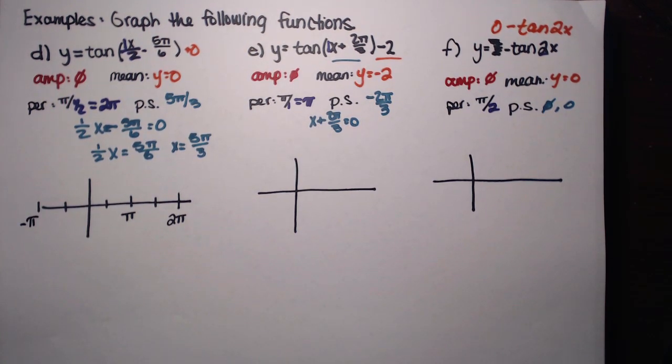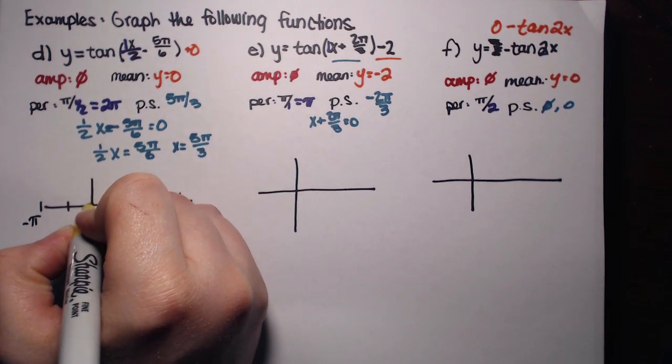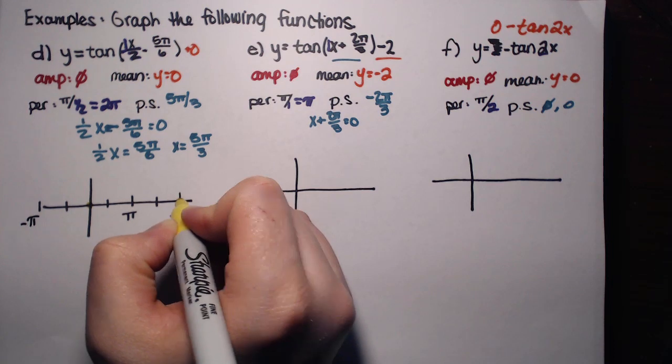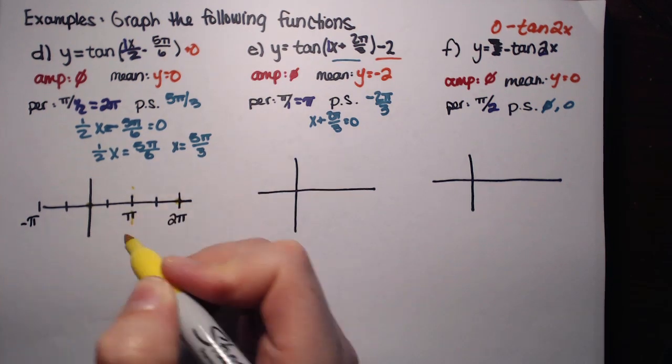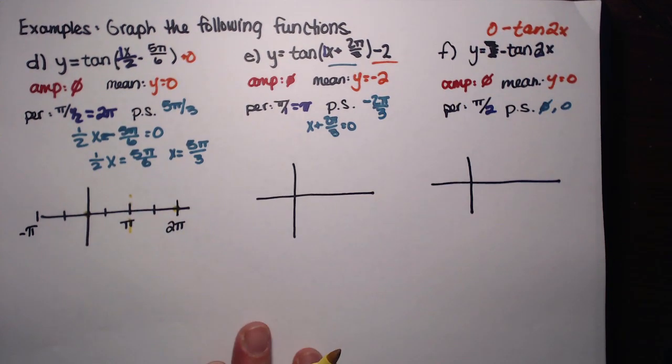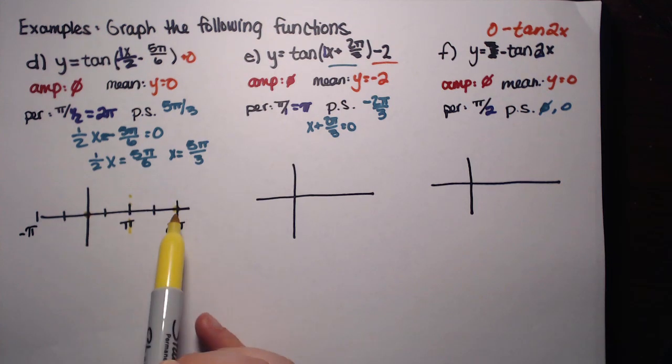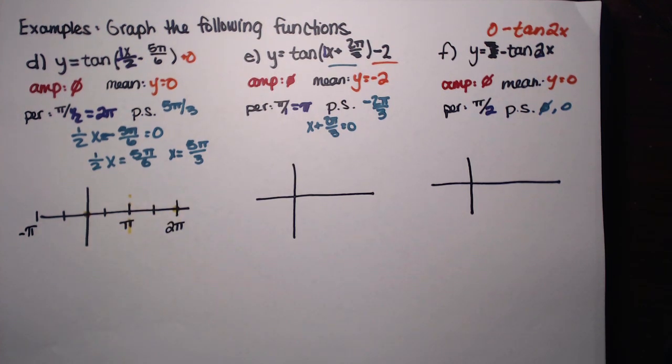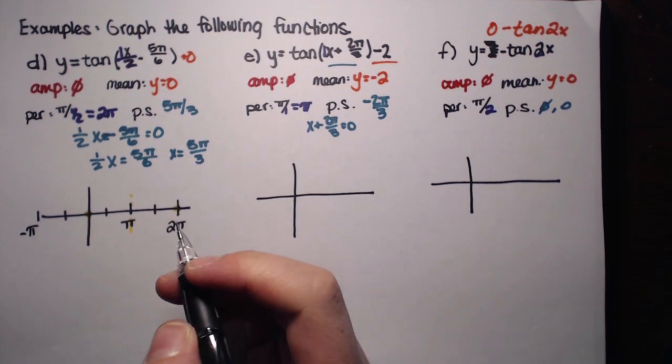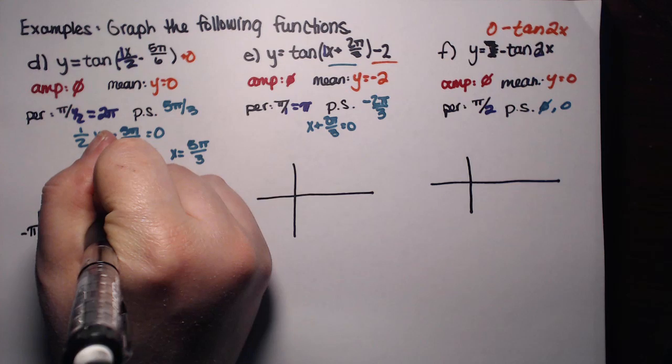So with this, typically tangent would be doing something like this, and then halfway between is where we'd have that asymptote, because we go center and then period and then halfway between. But we're moving everything right 5 pi thirds. So I actually need to include pi third marks instead of these pi half marks.